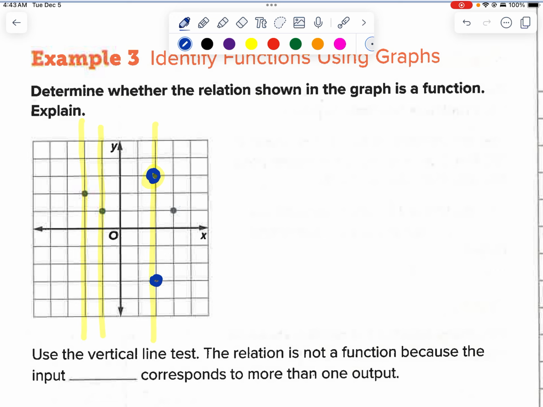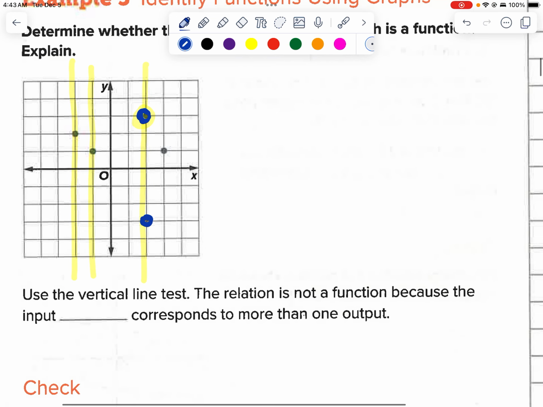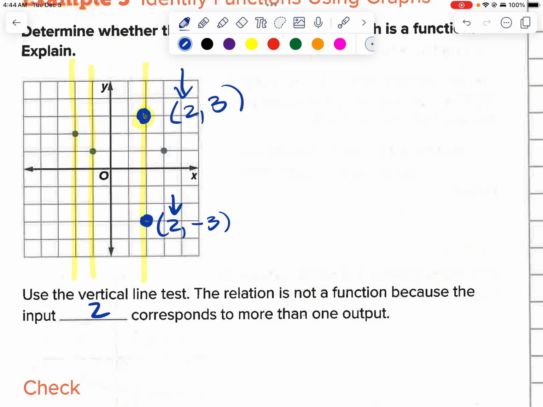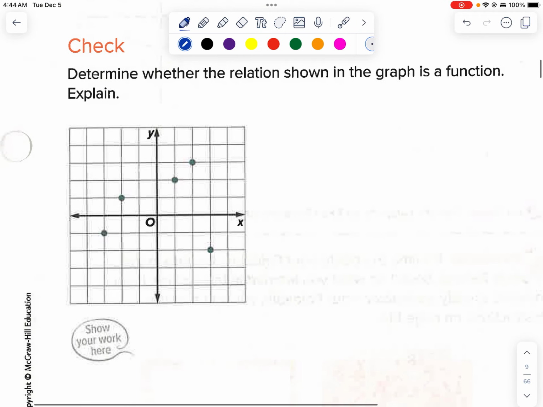So that means that it is not a function. The relationship is not a function because the input, the number 2, corresponds to more than one output. Because this would be the point 2, -3. This would be the point 2, 3. The input value of 2 goes to 2 different output values.